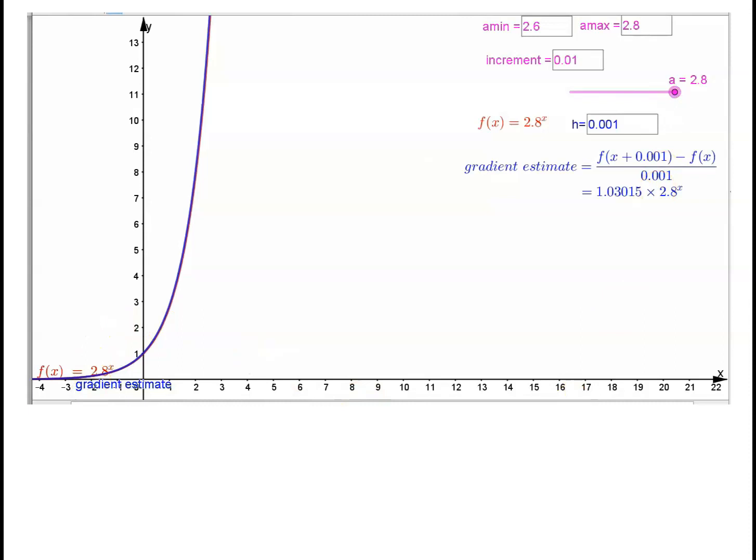So at this stage we can see that there is a value somewhere between 2.7 and 2.75 for which the two graphs will actually coincide. At 2.7 it's a little bit less, at 2.71 it's a little bit less, at 2.72 it's a little bit more than the original function.